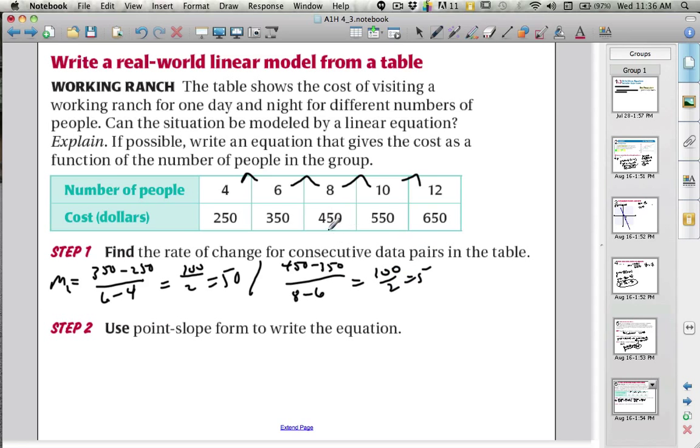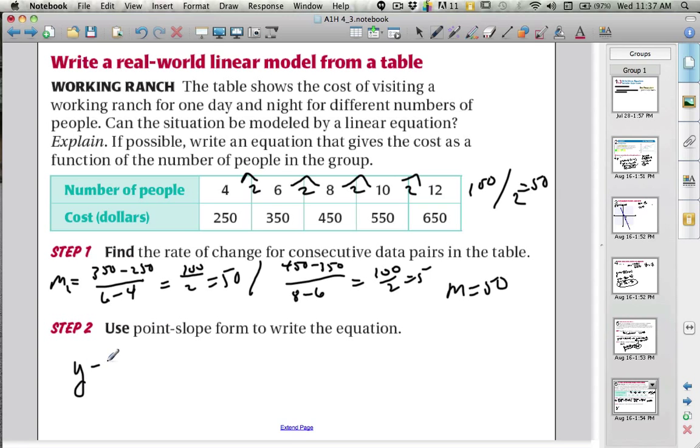And if you look, yeah, look at this. Right here, my difference is 2, my difference is 2, my difference is 2, my difference is 2. So I know my denominator is always going to be 2, and the difference here is 100, 100, 100, 100. So it's always 100 over 2, which is 50. Okay, so my slope is equal to 50. Then I can take any one of these ordered pairs, and I can go ahead and write my equation.